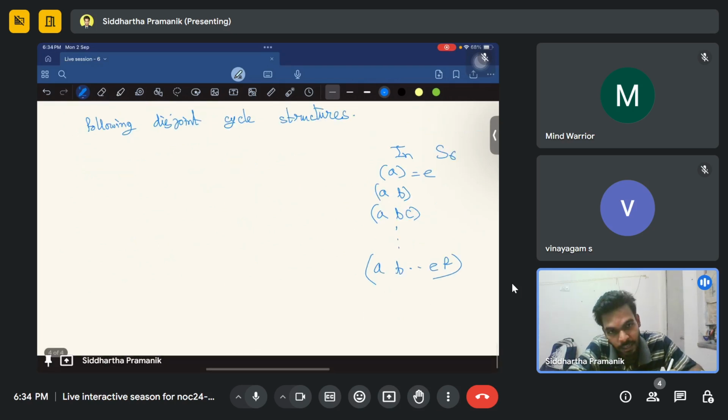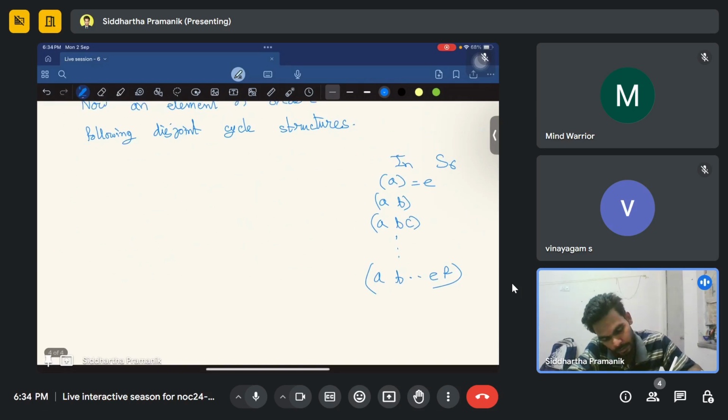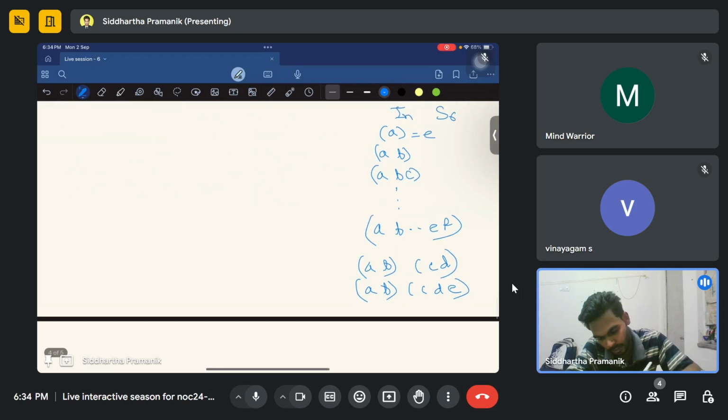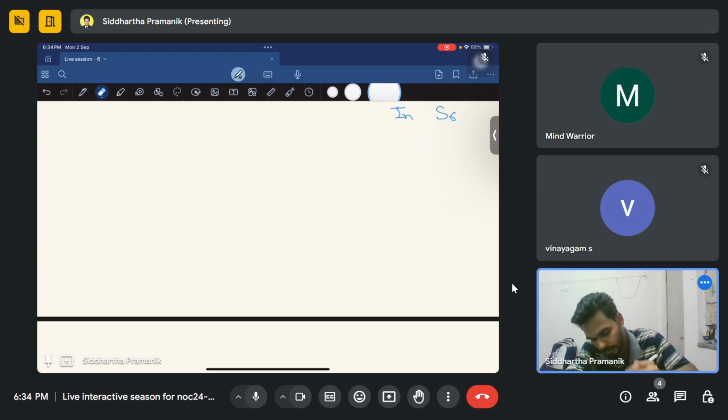But there are other elements, right? Like a product of two 2-cycles, a product of a 2-cycle and a 3-cycle. Okay, let me write in a more compact form. So it is a 1-cycle, 2-cycle, similarly 3-cycle, up to 6-cycle.